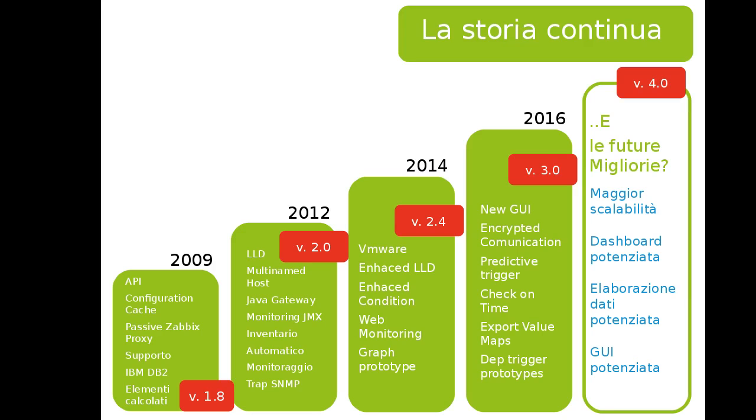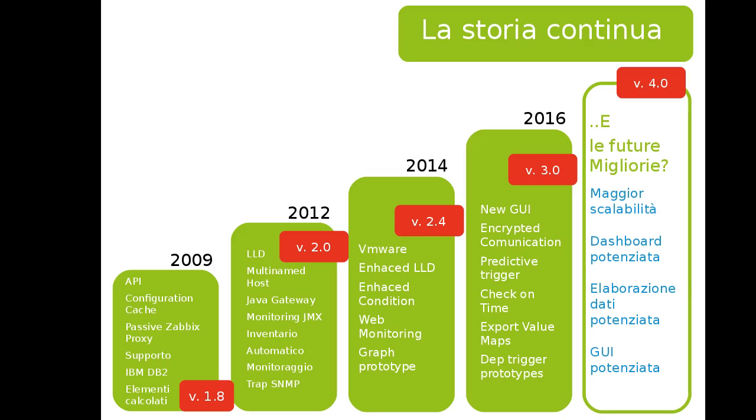And today we have 3.0, one of the most important releases of Zabbix: new graphical interface, encryption, communication, predictive triggers, and so on. Maybe at the beginning of next year we could find Zabbix 4.0.